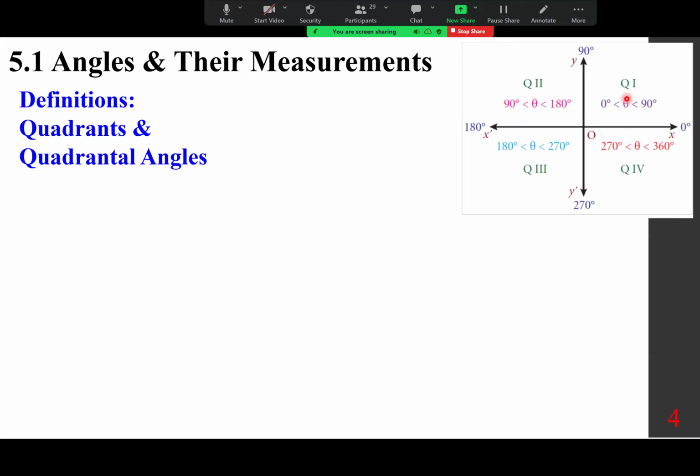The angle is between 0 and 90 degrees. Quadrant 2, where x is negative and y is positive, the angle is between 90 and 180. Here's the third quadrant, between 180 and 270, and this is quadrant 4. So look at this concept of the angle. This makes it 360 degrees.